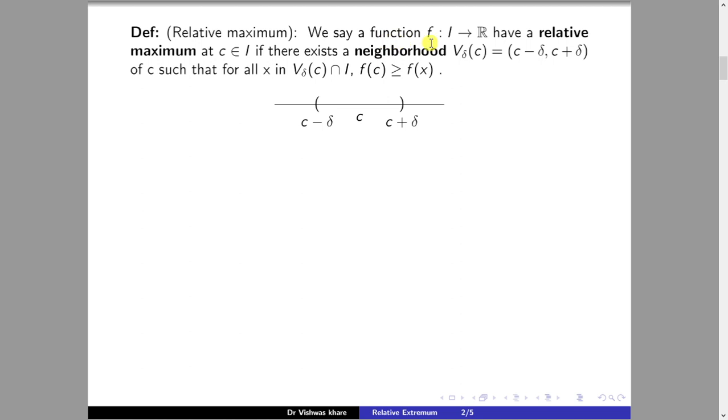That is, the function f has a relative maximum at c if we can find a neighborhood V_delta(c) such that for any point x belonging to V_delta(c) and I, f has a maximum value at c compared to all other values.